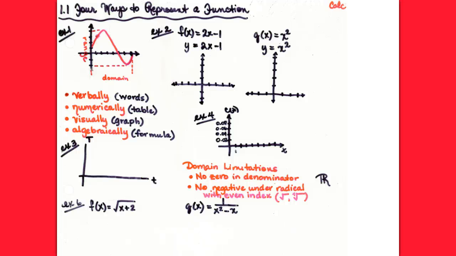The other thing that we want to be sure that we can do is work interchangeably between those 4 methods. So, for instance, let's say that they give me a table of values. I'd like to be able to take that table and graph it, and then from that graph, either myself or have my calculator do a regression to generate an equation or a formula that would fit it.